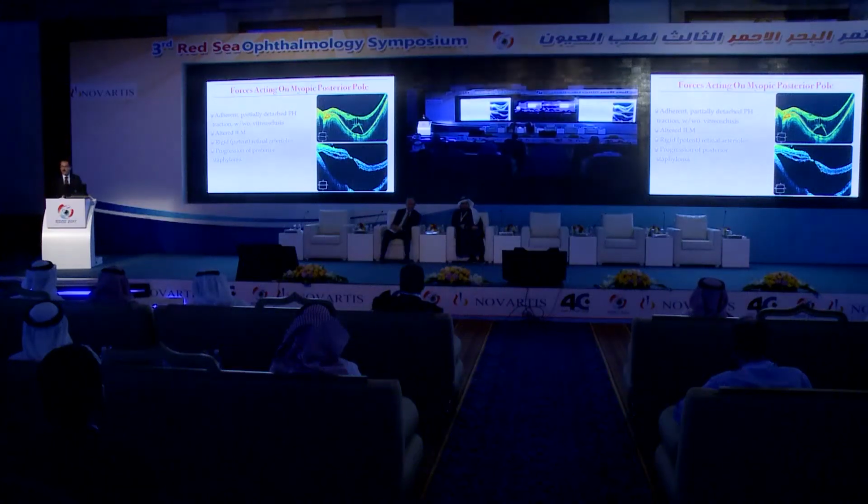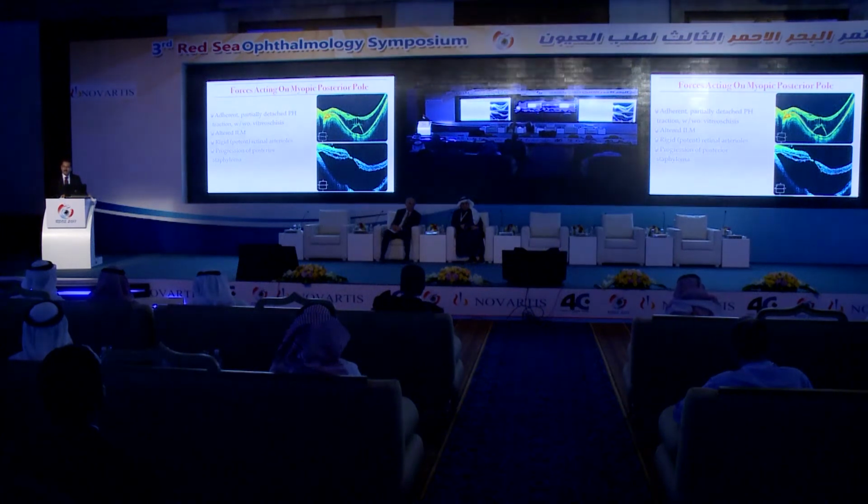What are the forces acting on the posterior pole of a myopic patient that lead to myopic traction maculopathy? The posterior hyaloid undergoes partial posterior vitreous detachment and is still attached strongly to multiple areas of the retina, including the fovea. The ILM is altered, and it seems that the ILM becomes stiffer.